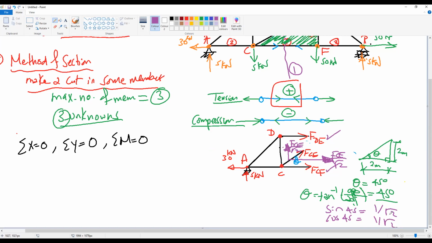So now for this problem, we know all the forces are horizontal and vertical, so we can start to get the forces.